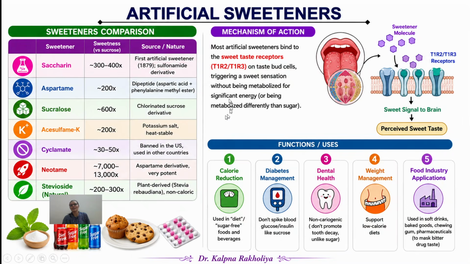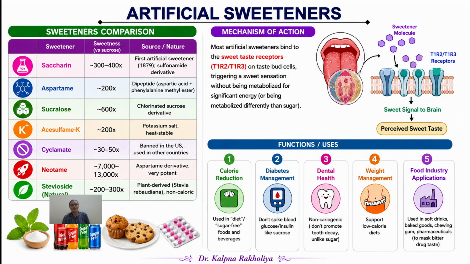Most artificial sweeteners bind to sweet taste receptors on the taste bud cells, so diabetic patients feel that they are eating sugar like sucrose, but in reality they have no calories, while sucrose has calories. So their function is to reduce calories, and they are used in diabetic management, dental health, weight management, and also in the food industry.